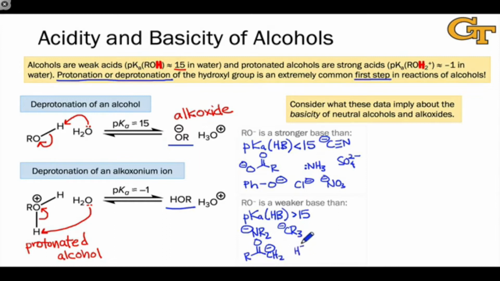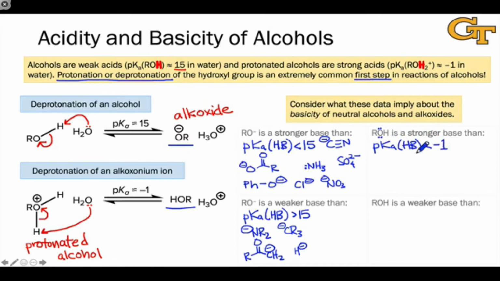If we turn our attention now to the neutral alcohol and think about the basicity of the lone pairs on the hydroxyl oxygen, the same theoretical argument applies, but our benchmark of pKa changes because now we're thinking about the conjugate acid of a neutral alcohol. Bases that are stronger than neutral alcohols include anything whose conjugate acid pKa is less than -1. So once again, let's think about the bases B- whose conjugate acid pKa's are less than -1.